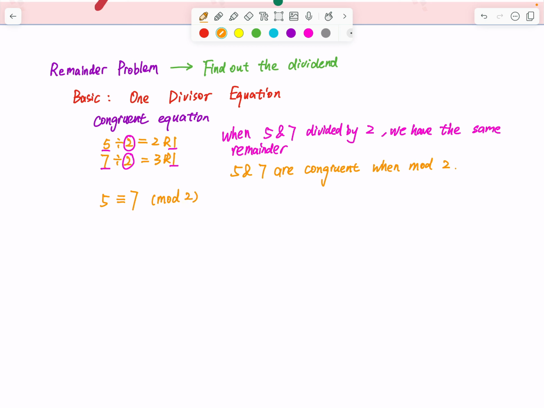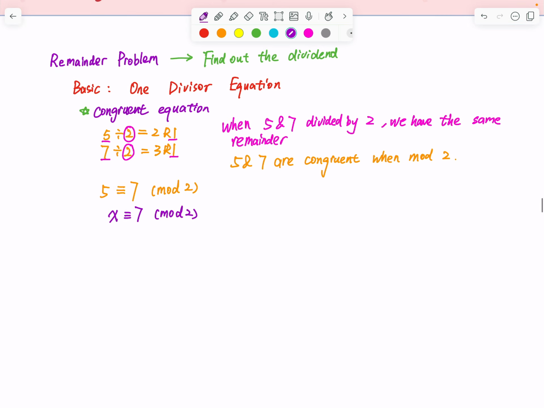But this is about the congruent equation, so it should be like an algebra equation. We should have the unknown letter. For example, if I say x has the same remainder as 7 if I mod 2, because 7 I can separate into 2 plus 2 plus 2 plus 1 if I mod 2.